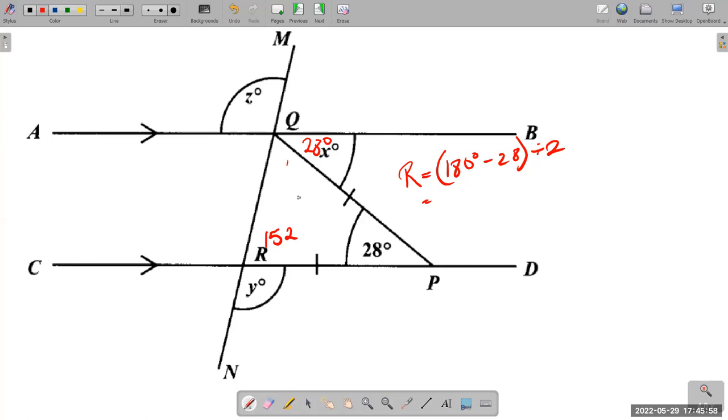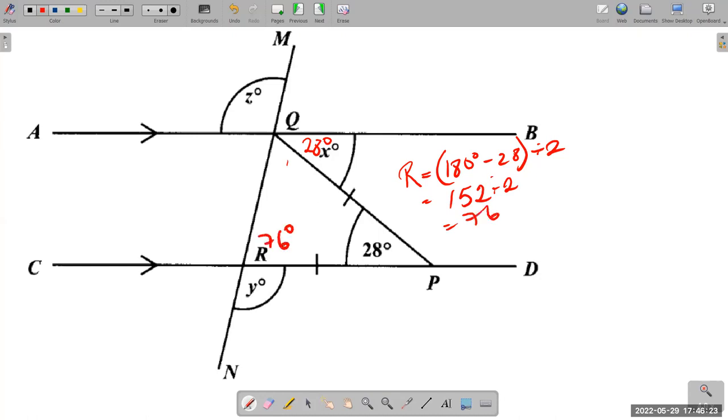No, 76? 152 divided by 2 is 76. All right. I don't even know why I wrote 152 there. Give me a minute. I just woke up. So 152 divided by 2 is 76. So that means this angle here is 76.